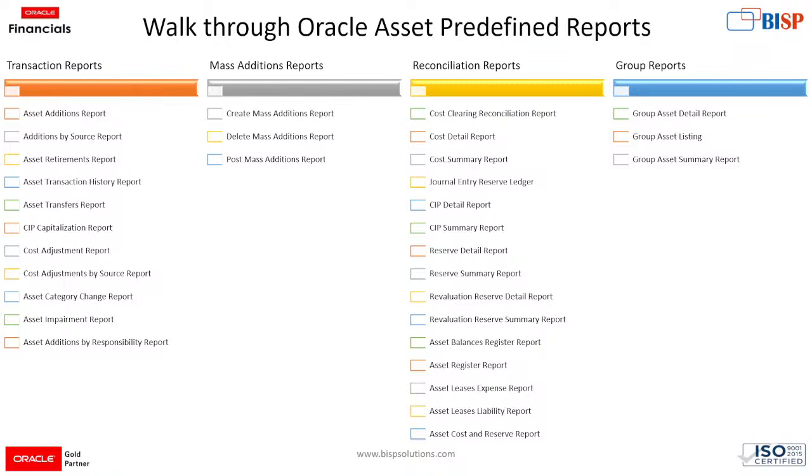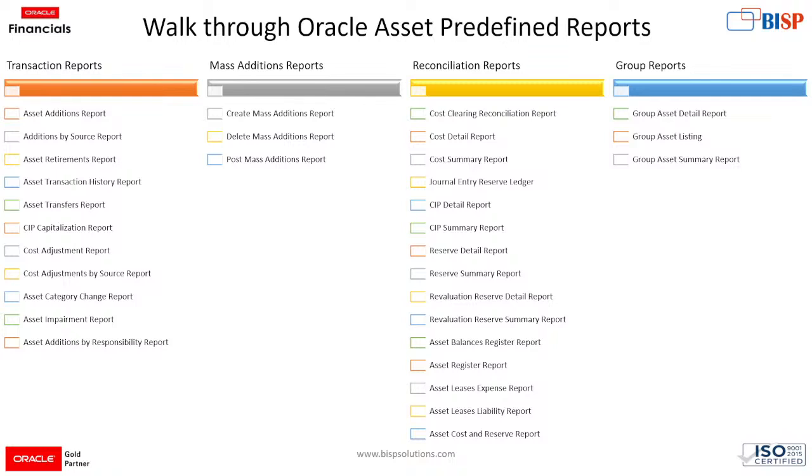And through the lease liability report, it is a list of lease liability for a specific period, which is sorted by or group total for each balancing segment and liability account and cost center. And there is an asset cost and reserve report also. You can view the list of asset cost and depreciation reserve balance at the asset or the cost center level. You can view that also.